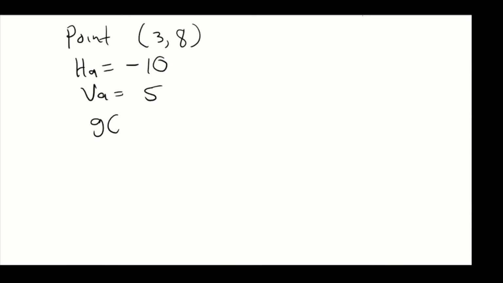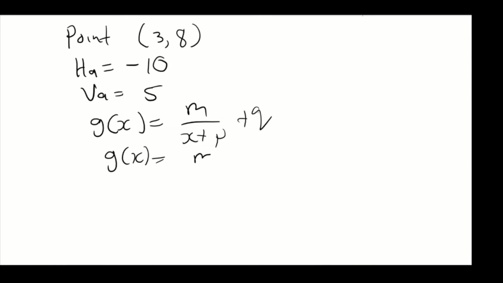And we know that g(x) is equal to m over (x + p) plus q. We're going to substitute the asymptotes, so g(x) is equal to m over (x - 5), because the vertical asymptote is positive, if you take it to the other side it's going to be -5, and the horizontal asymptote is -10, so we write -10.